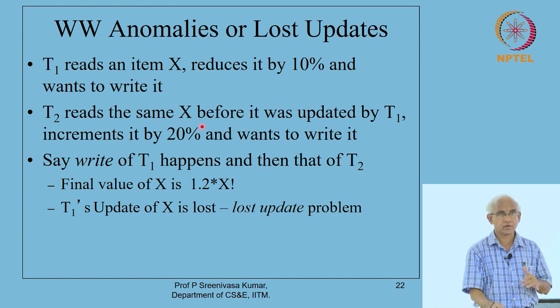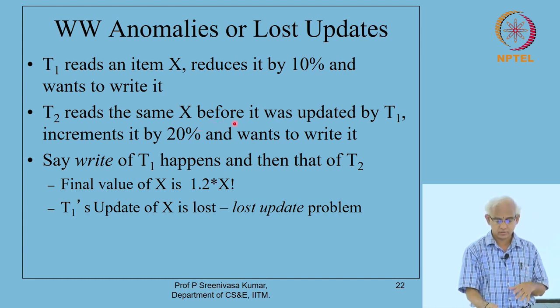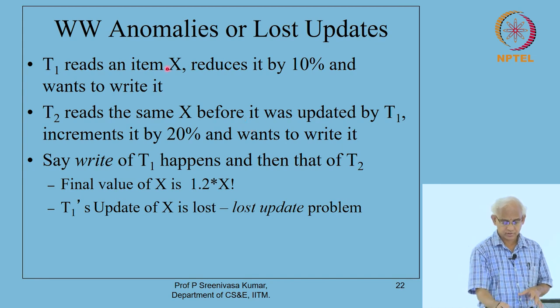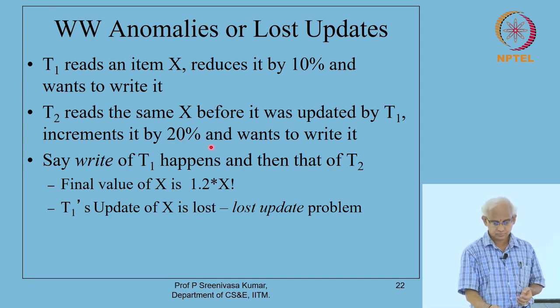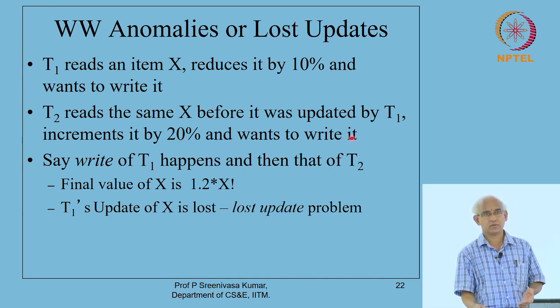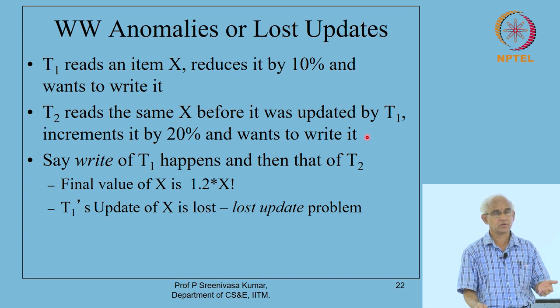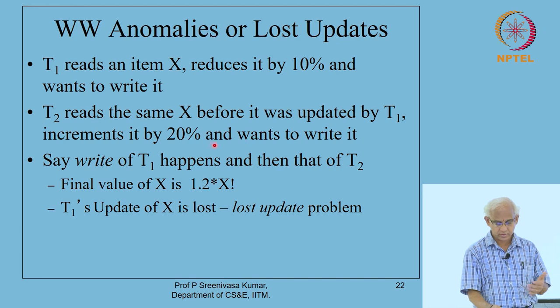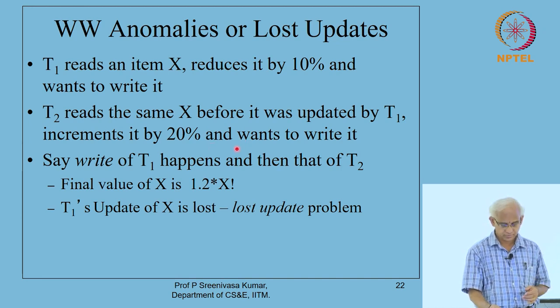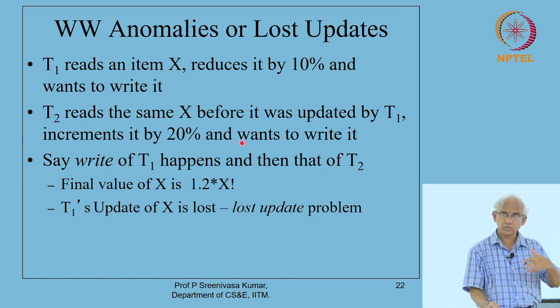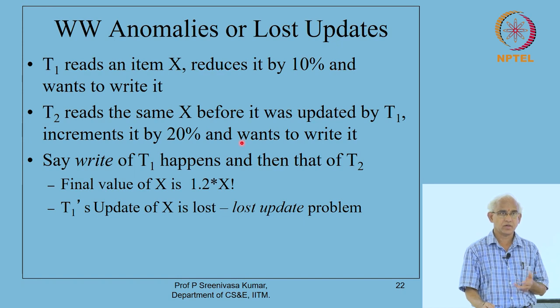T2 reads the same value X before it was updated by T1, that means the same original value X, and increments it by 20%, and it wants to write. So T1 wants to reduce it by 10%, and T2 wants to increase the same value by 20%. Now both of them are attempting to write.